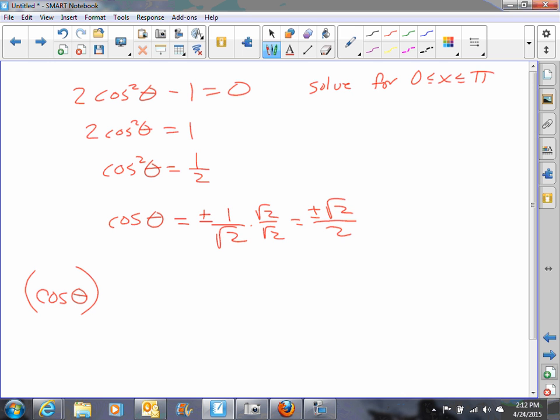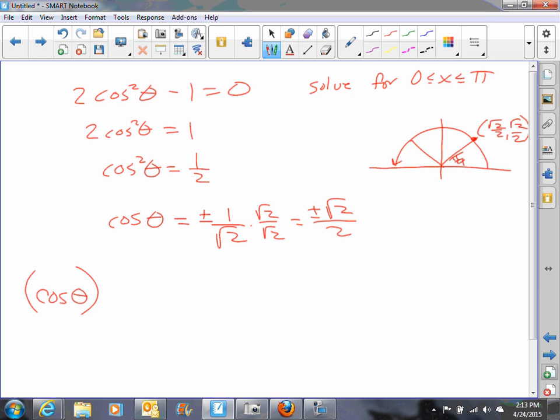Now, if you think back to your unit circle, in the first 180 degrees, or pi radians, we had an x value at pi over 4 radians of square root of 2 over 2, and the y value is also that.